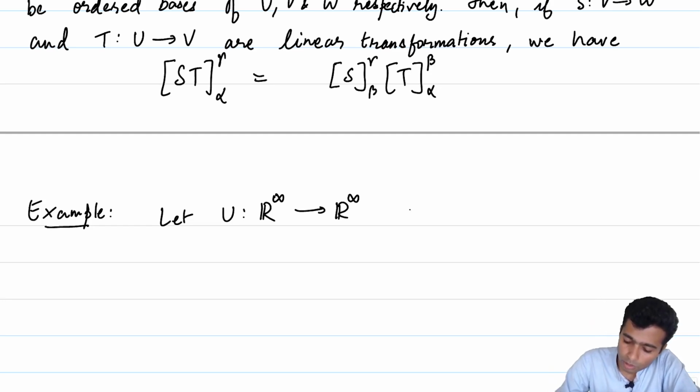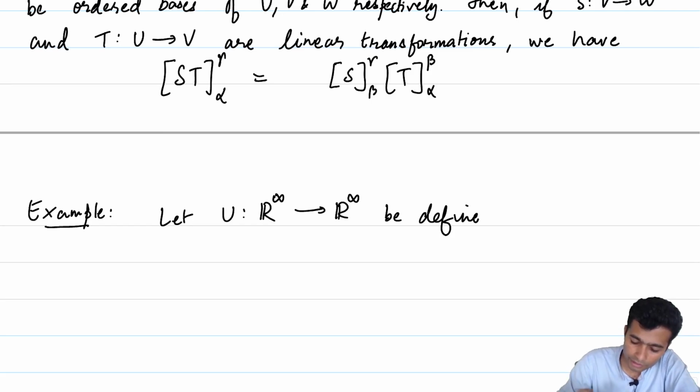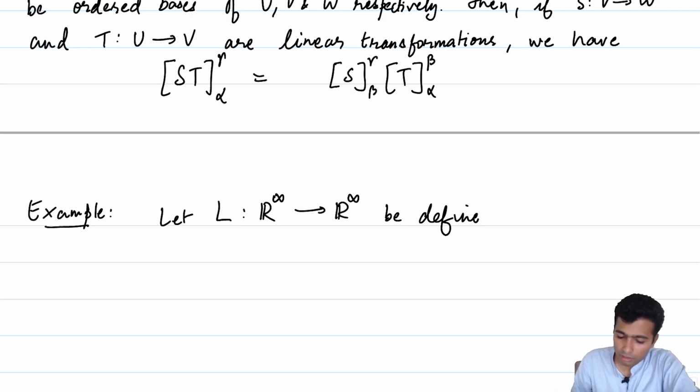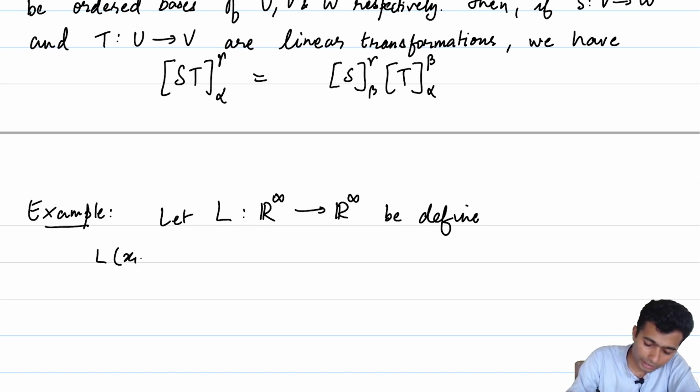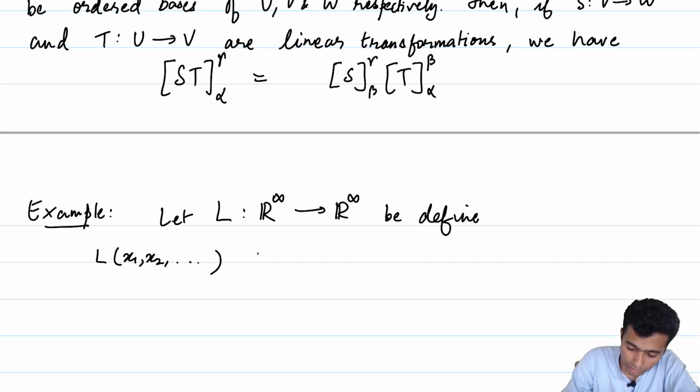So let's define U of, in fact, let me call it something else. Let me call it the left shift. So let me call it L. I hope I'm not going to confuse you. L of, say, x1, x2, dot, dot, dot. This is the left shift. Let this be defined to be, we have seen this example.